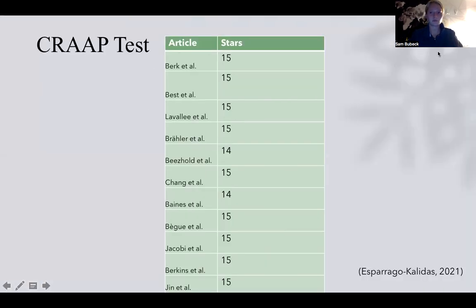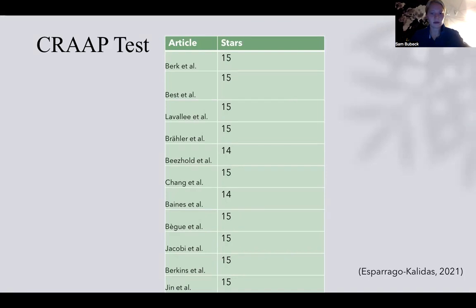All right. So this is my CRAP test. I used the guidelines that were posted within our content online, and found that the majority of my studies completed the 15 out of 15 for relevance.